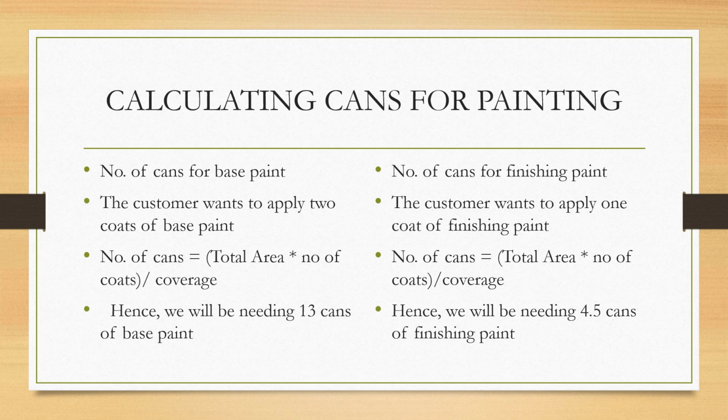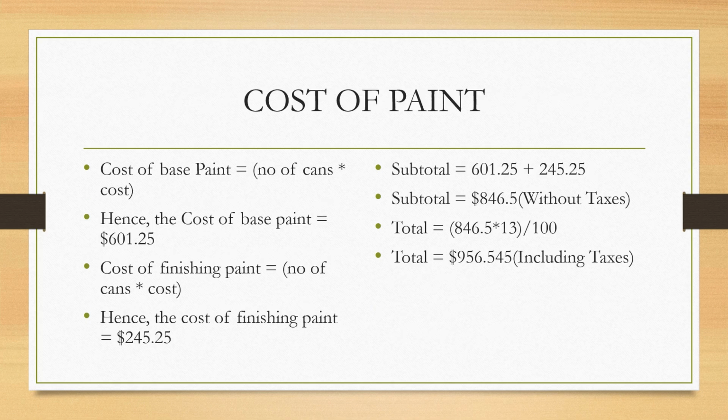So let's assume for the base paint, the customer wants to apply 2 coats. So we apply the formula: 72 multiplied by 2 divided by the coverage. So it gets us to 13 cans of base paint, while for the finishing paint, we only apply 1 coat. So it gets us to 4.5 cans of finishing paint.